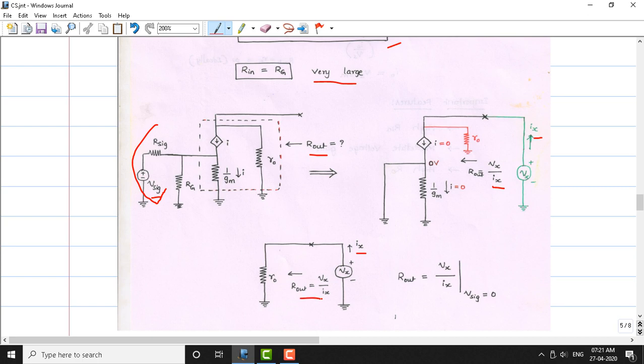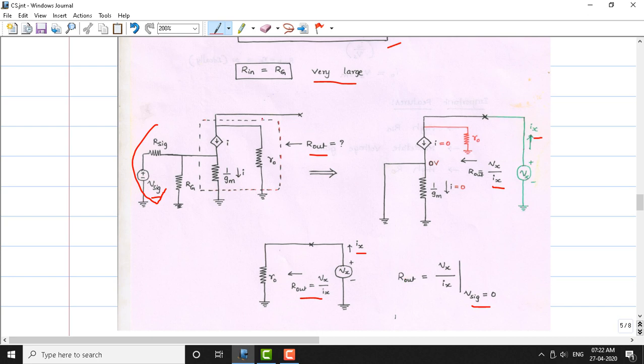This is the definition of Rout: Rout is equal to Vx divided by Ix, provided the signal source is 0. With this, you can easily estimate the output resistance.